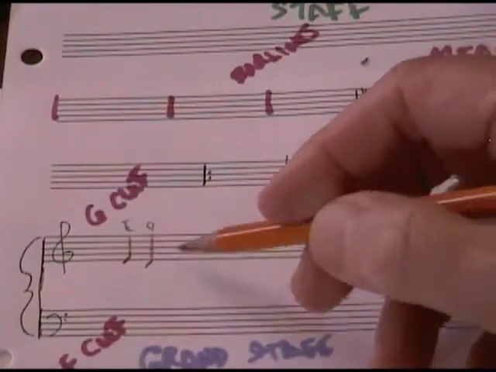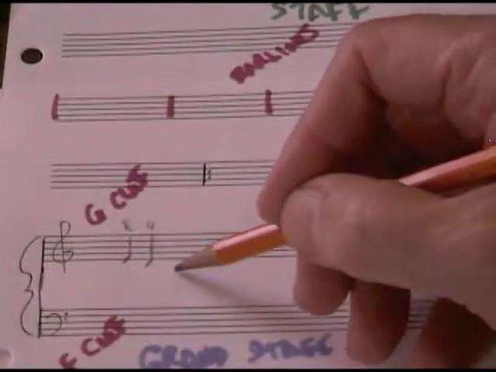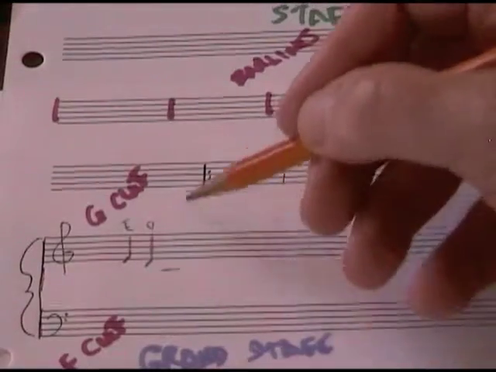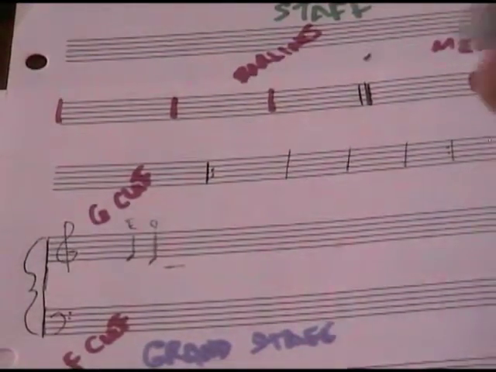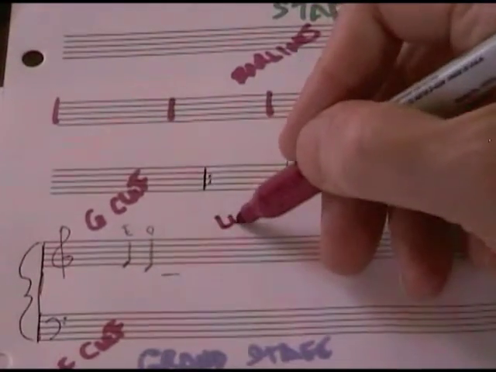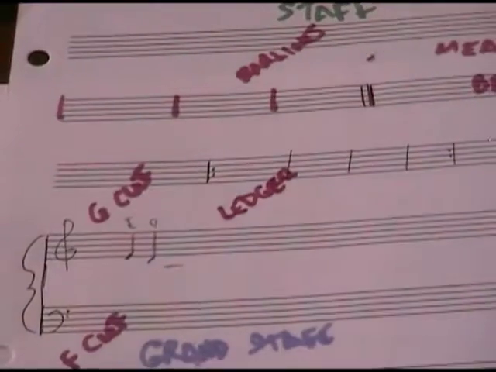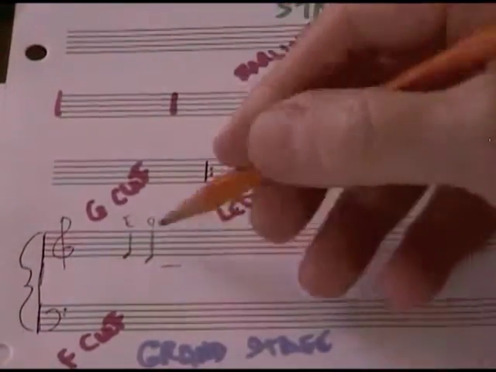Usually we don't clutter the music with the names of the notes, but I'll do it for now. If we put one little line below, by the way, this little line below or above is called a ledger line, just to really bombard you with all kinds of words. L-E-D-G-E-R is the name of these little lines that go above or below, just to extend the staff.